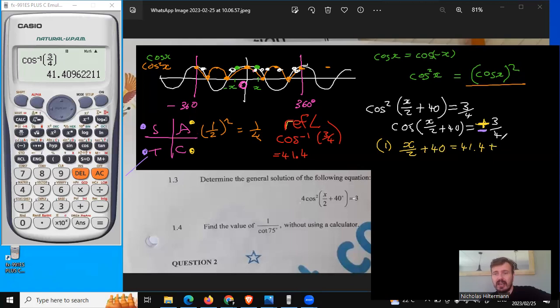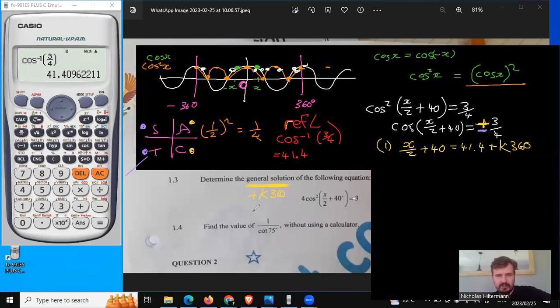plus K360. When they say general solution, if it's a cos or sine, that just means plus K360 to all our answers. We do that at the point just after we found our reference angle.